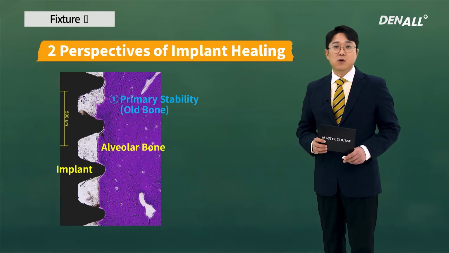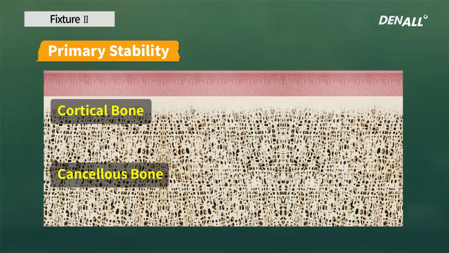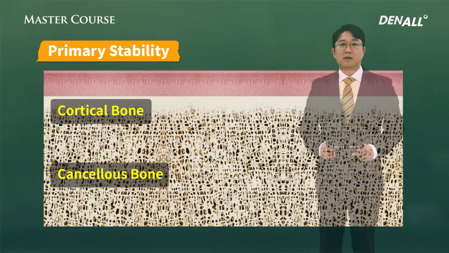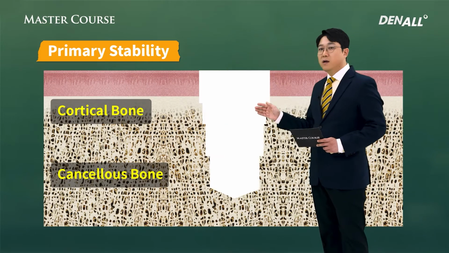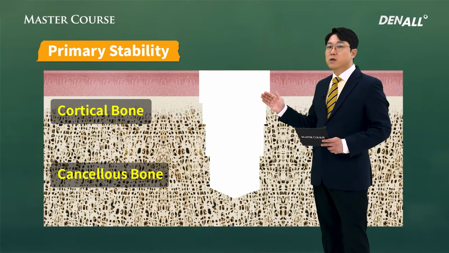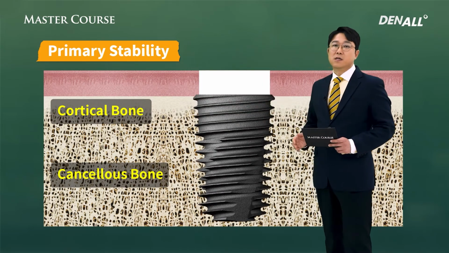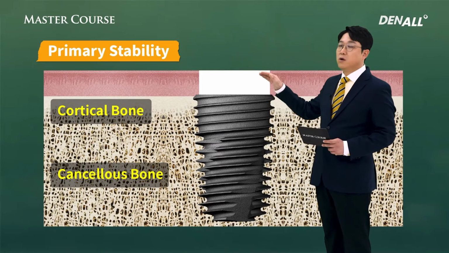That much primary stability is important. In order to place an implant, we make a hole in bone, and an implant with a bigger diameter than the drill hole is inserted in bone to get the stability from the cortical and cancellous bone.